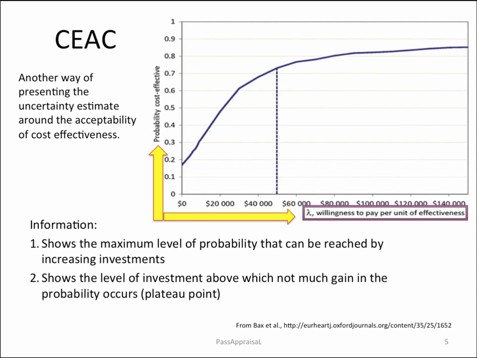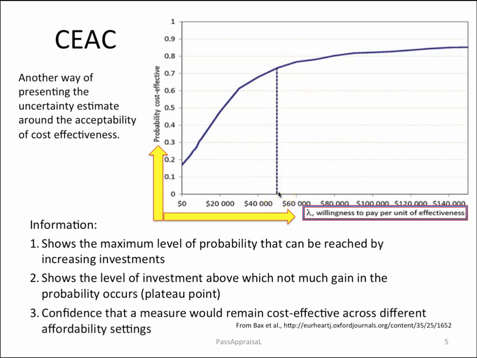This lies somewhere between 40,000 and 60,000 in the graph shown here. Finally, we can also visually assess the confidence that a measure would remain cost-effective across different affordability settings.